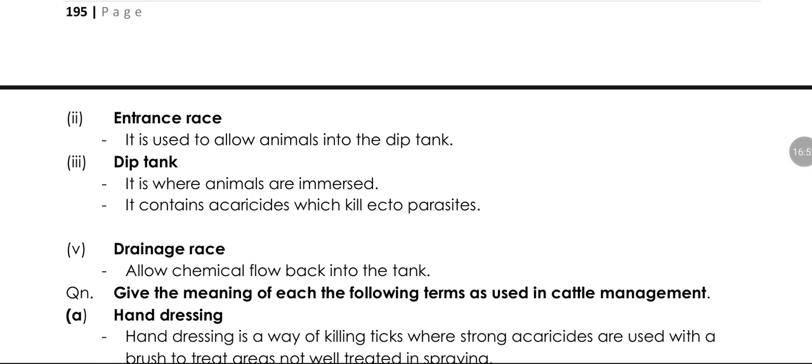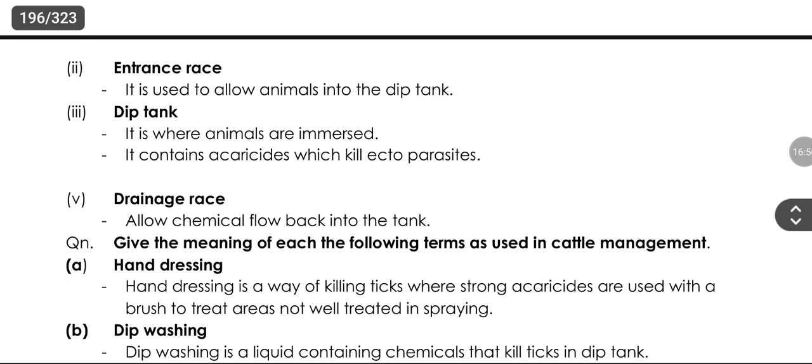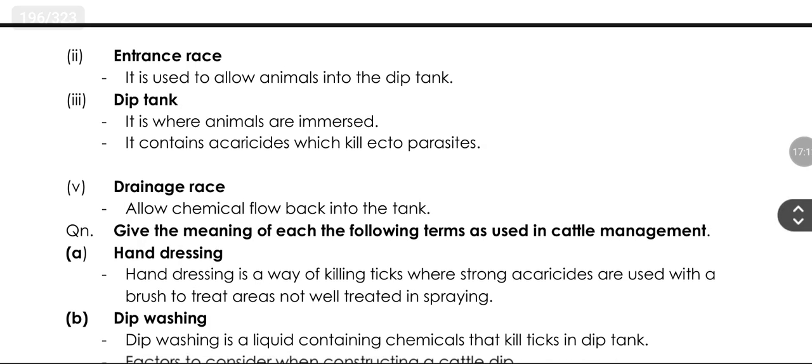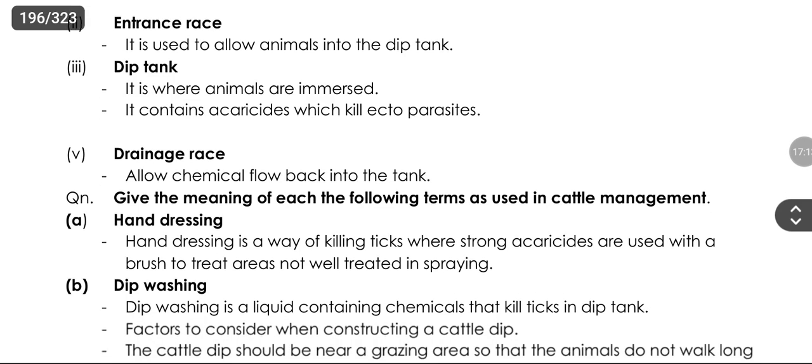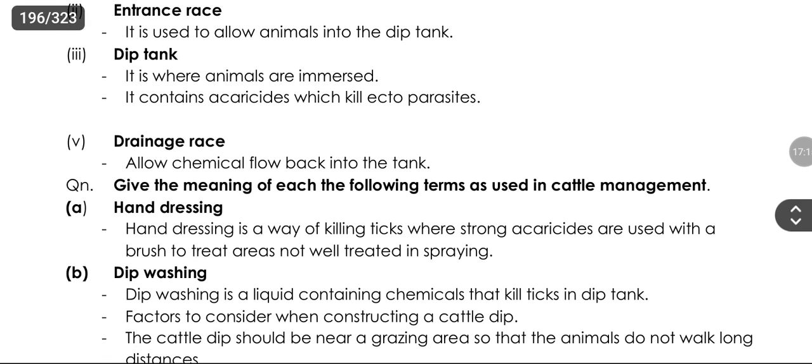So the reason he is saying that is that it is where the chemical flows back to the tank: our animal stands and drips, but the water that drips off goes back into the dip tank. Okay, so we are talking about this.